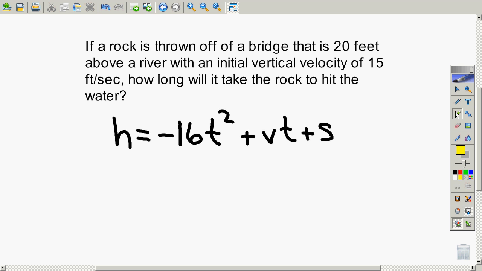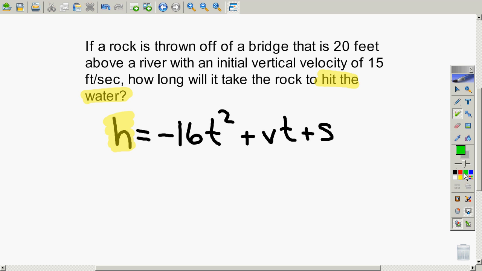The h is the ending height right here, and up here the ending height would be when the rock hits the water. So how high is it above the water when it hits the water? We don't know t.